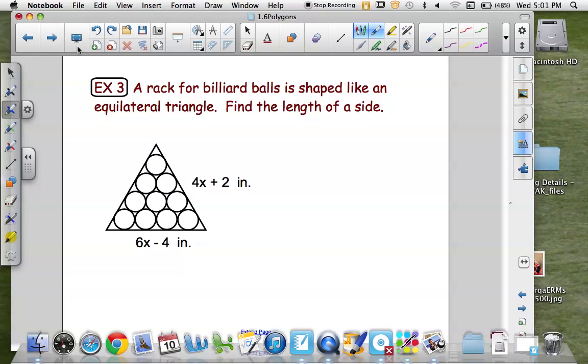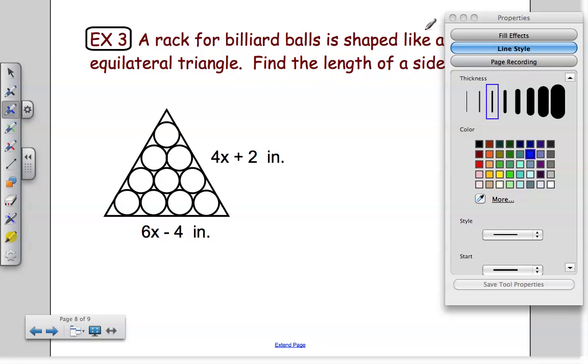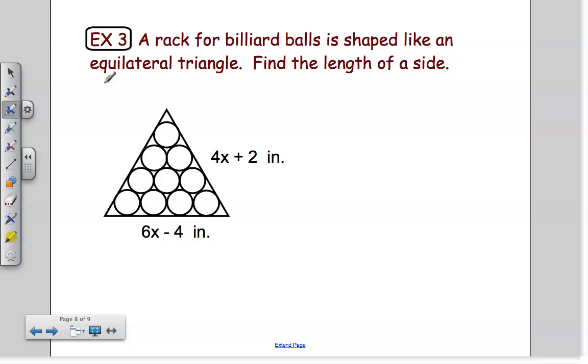Finally, last example here, a rack for billiard balls, if you're playing pool, is shaped like an equilateral triangle. What does equilateral mean? Remember, this means all sides, lateral meaning sides, are congruent. So if this rack is equilateral, all the sides are congruent, which means I could put 1 tick mark in each of these sides.